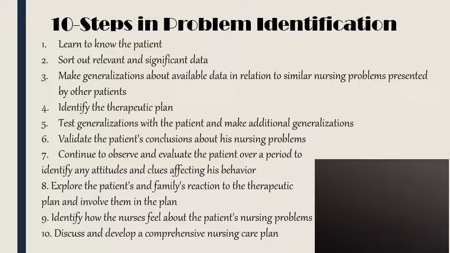Sixth, validate the patient's conclusions about his nursing problems. Seventh is continue to observe and evaluate the patient over a period of time to identify attitudes and clues affecting his behavior. 8 is explore the patient's and family reaction to the therapeutic plan and involve them in the plan. 9th is identify how the nurses feel about the patient's nursing problems.